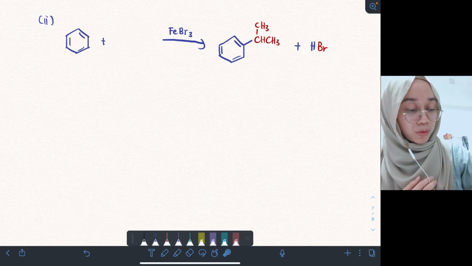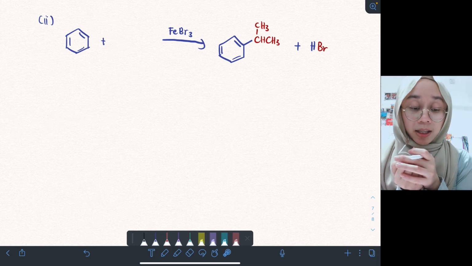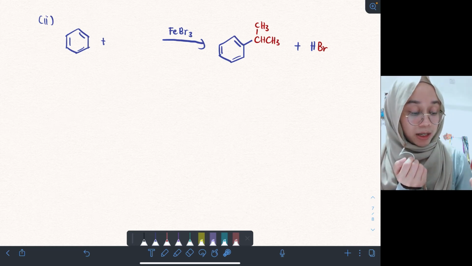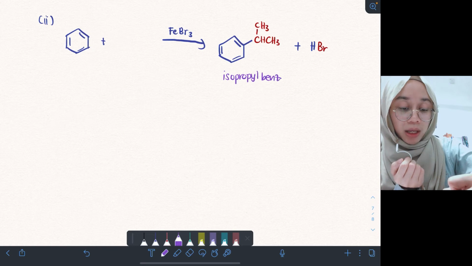Kamu patut tahu since yang produce kat sini adalah alkyl benzene. Okay, kita produce alkyl benzene kat sini. Specifically kita nama yang ni, nama dia adalah isopropyl benzene, nama compound ni.